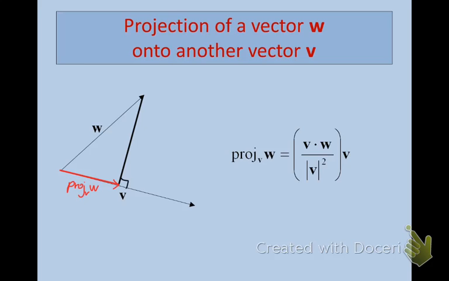So the formula is to take the dot product of the two divided by the dot product of v times v, or you can think about it as its magnitude squared, and then times v, v being the vector that you have dropped onto. Okay, so let's look at a couple examples.